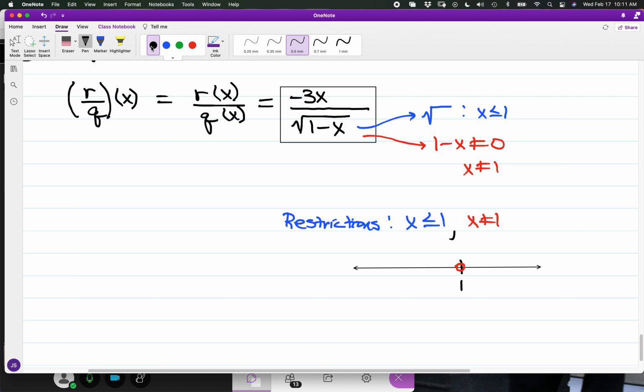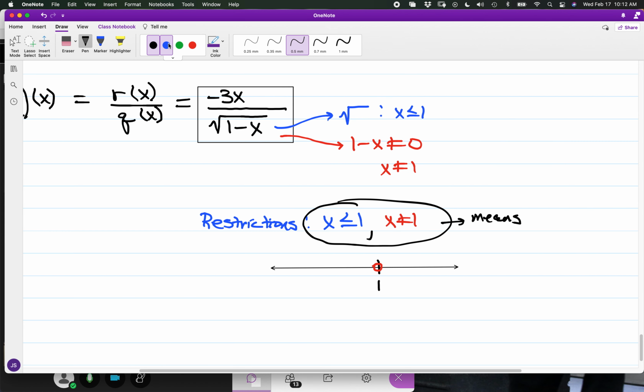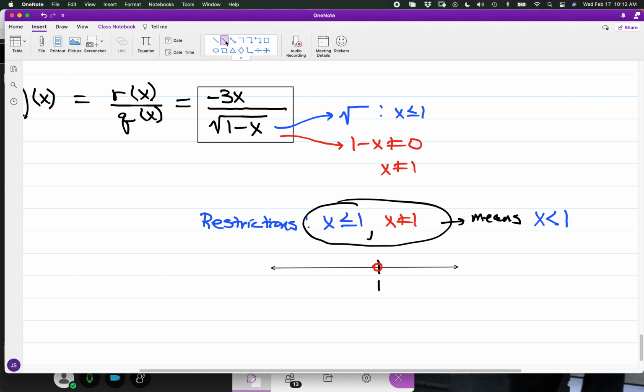So looking at combining the restrictions, we can no longer have the equal to 1 part. This is going to mean, in effect, that x is less than 1. So we have a hole on 1.